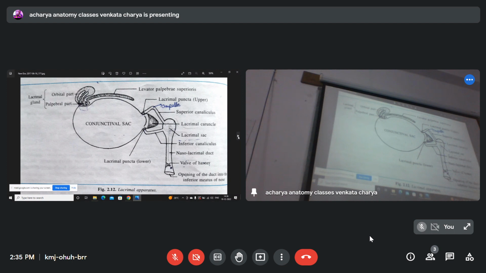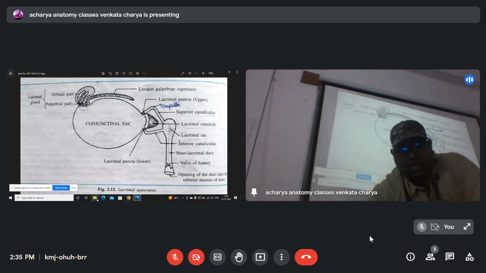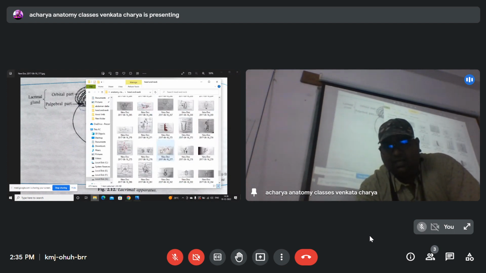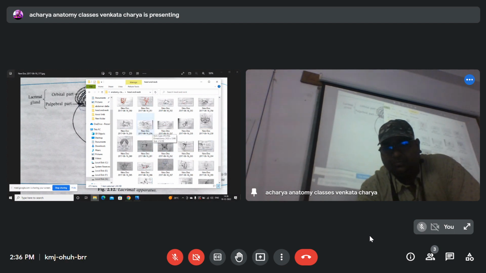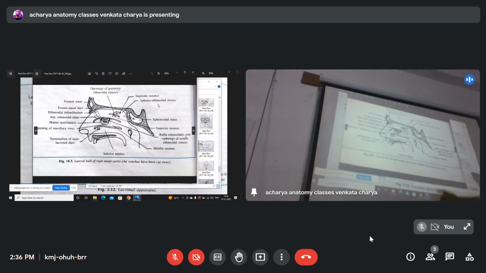The nasolacrimal duct opens into the inferior meatus of the lateral wall of the nasal cavity. See here: superior meatus, middle meatus, inferior meatus.